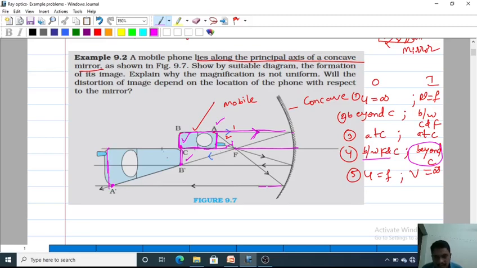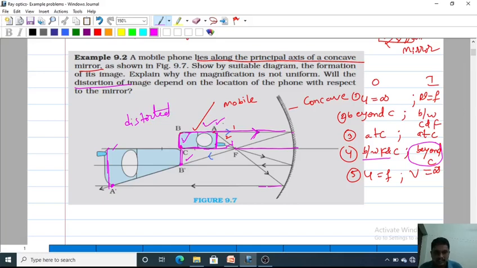That is why the magnification is different at different locations. Okay, and since the magnification is different at different locations, definitely the shape of the image will be different at different locations. So it is said to be a distorted image. We will get a distorted image of the mobile.